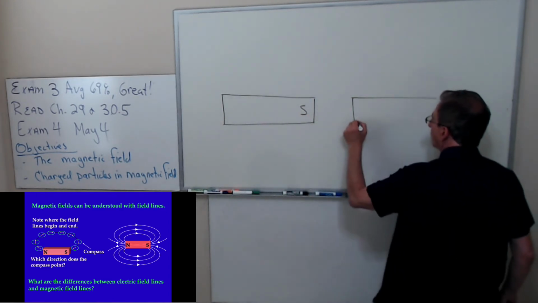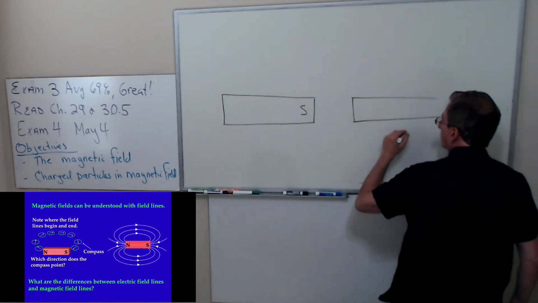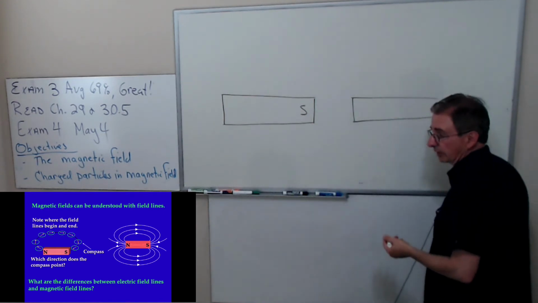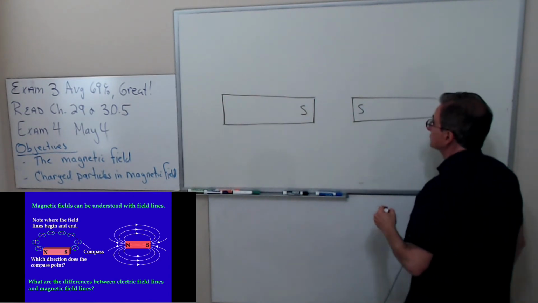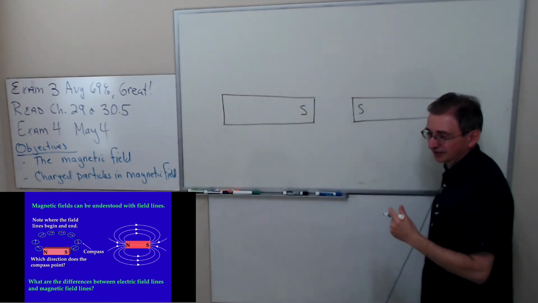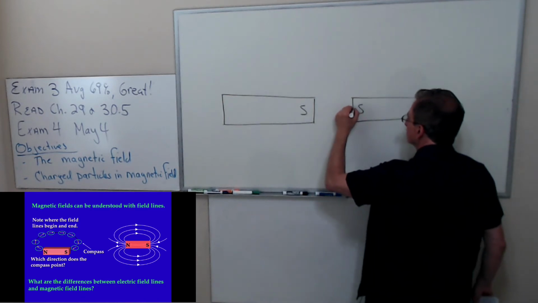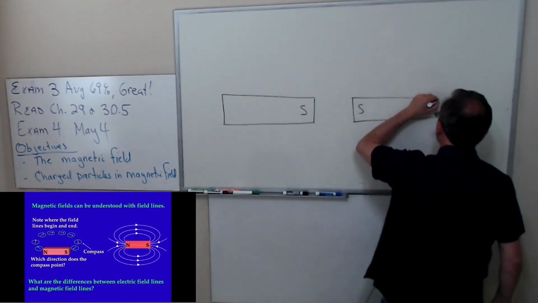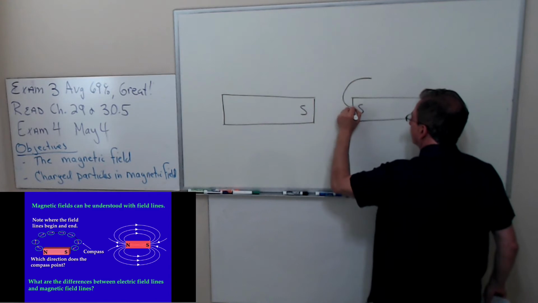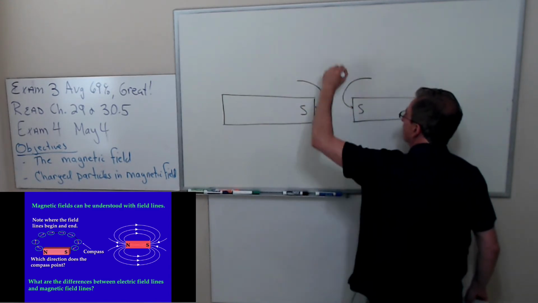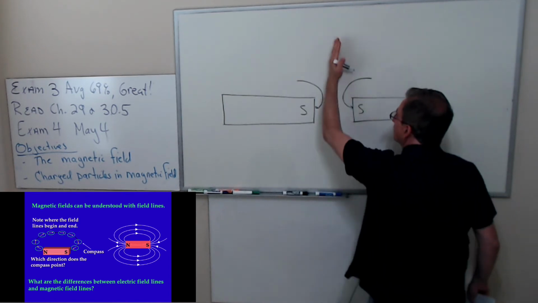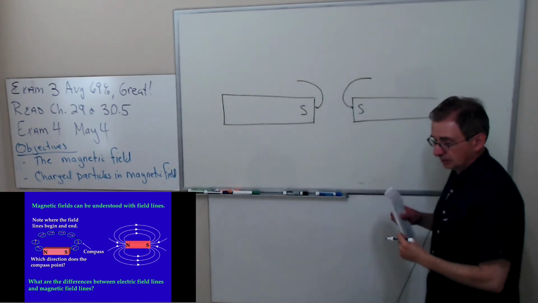Yeah. There will be a point in the middle where the field will be zero. So you won't see any field line there, right? The field lines will just avoid each other. In fact, I've got to be careful. Field lines will do this, and the sum of them will give you a point in here where there's no field line. Okay.